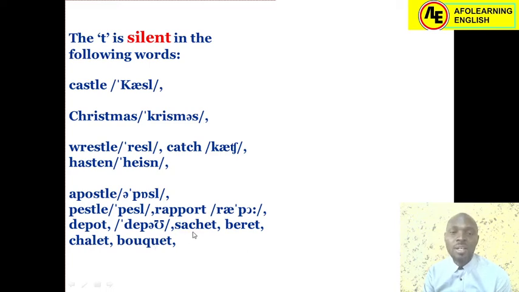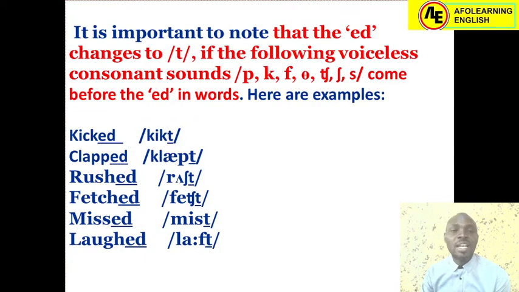Now, the three final words are of French origin. So the last letter T is not pronounced in the three words sachet, chalet, and bouquet. It is also important to note that the ed changes to the t sound if the following voiceless consonants come before the ed in words.